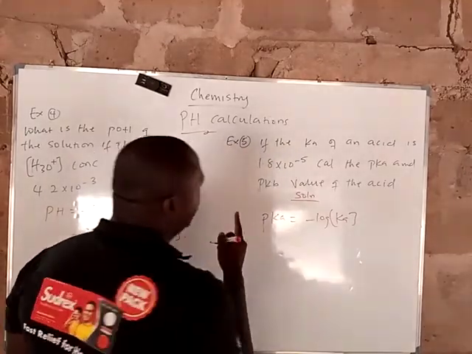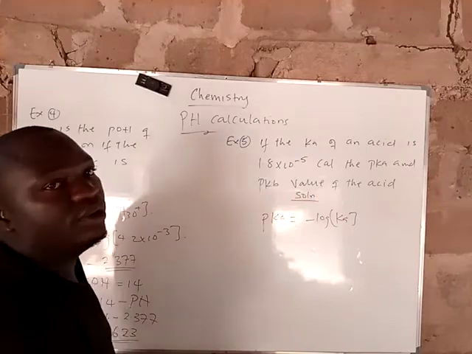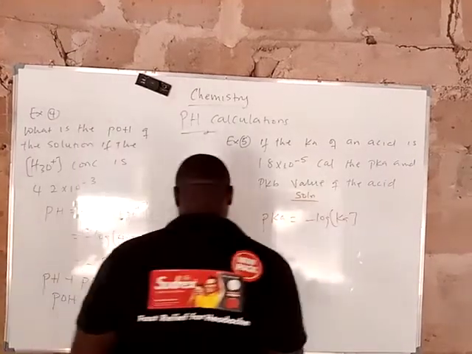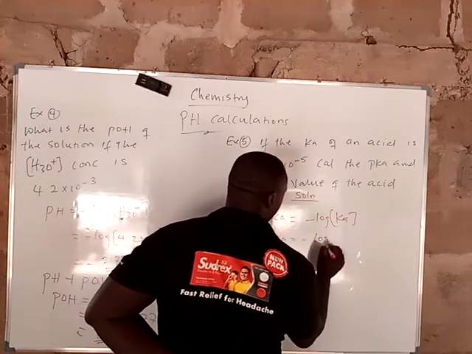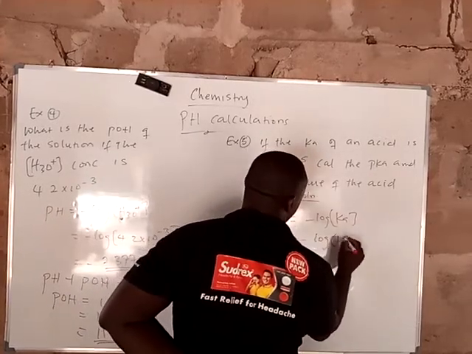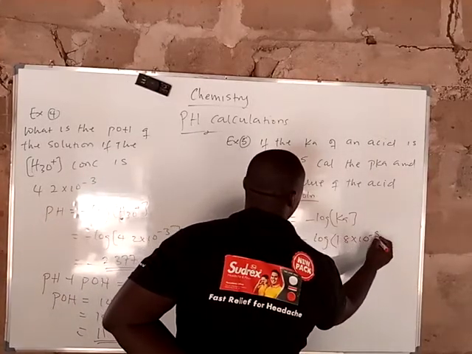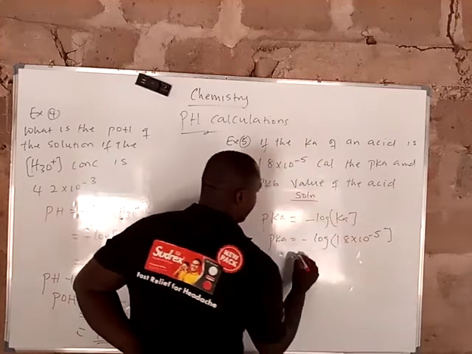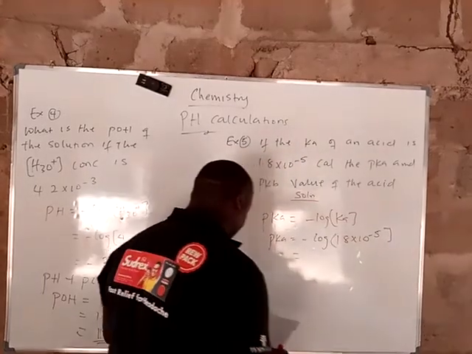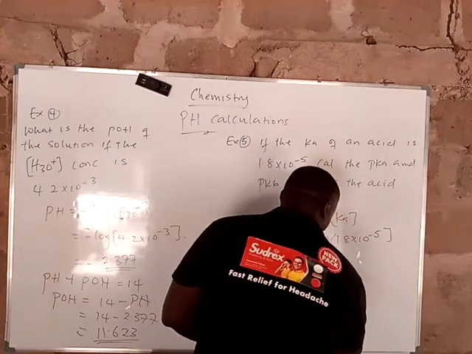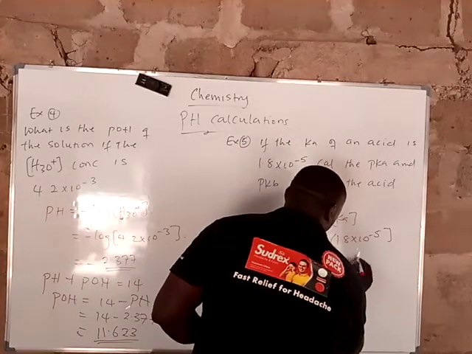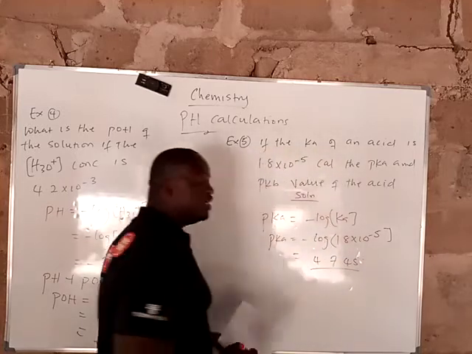They gave you the Ka concentration. So pKa is minus log of 1.8 times 10 raised to the power minus 5. If you press it, this will give you 4.745. This is your pKa.